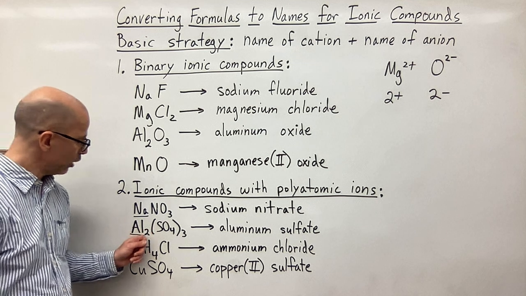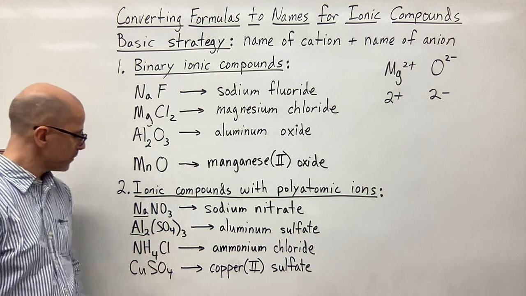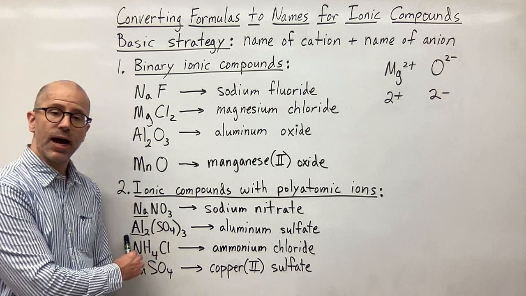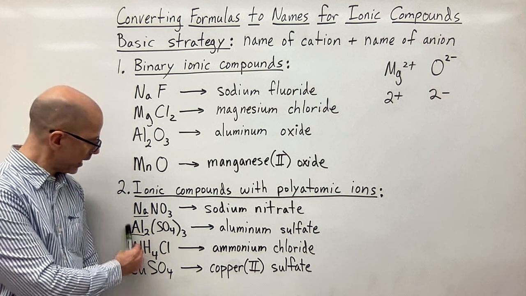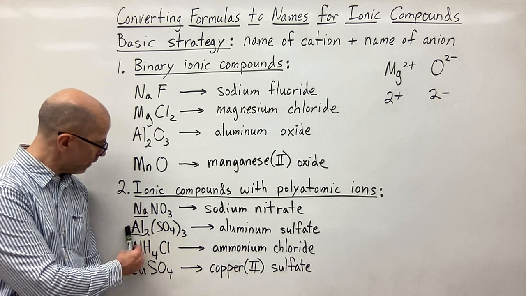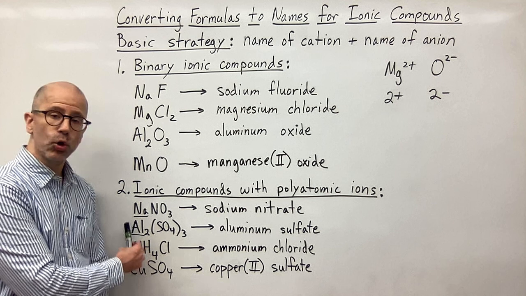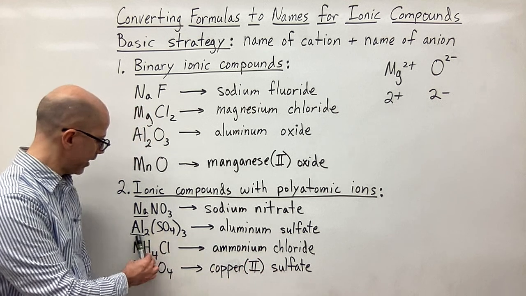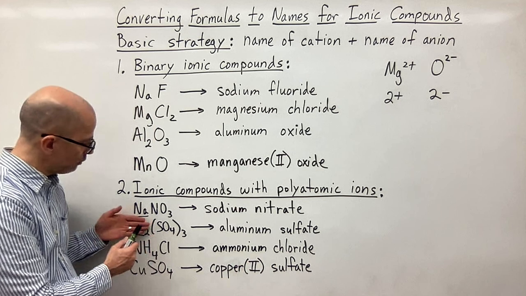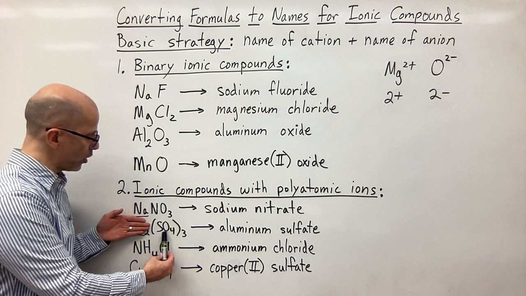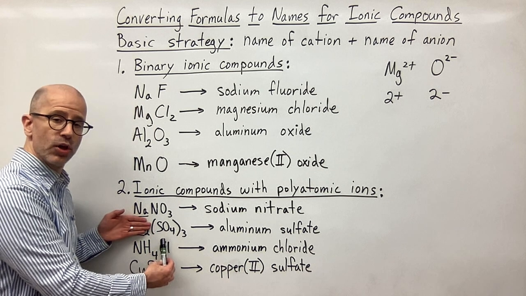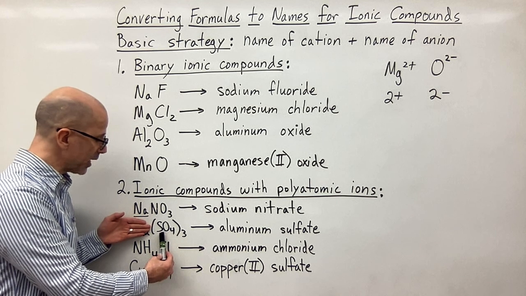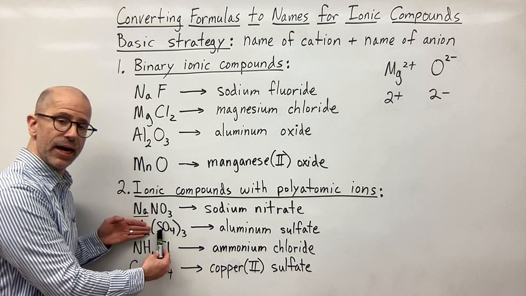Next, we have Al2(SO4)3. Same thing. Recognize that the first ion is always the positive ion. It's a metal here. Al is aluminum. So I write aluminum, that's for the aluminum ion. And then if I cover this up, you'll notice I have sulfur and oxygen left. That's more than one element. This is not a monatomic ion, it is a polyatomic ion.